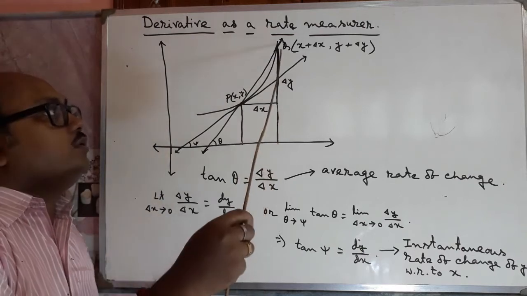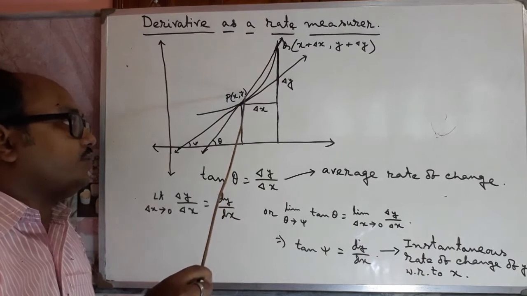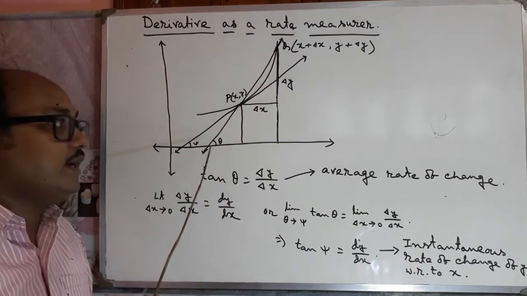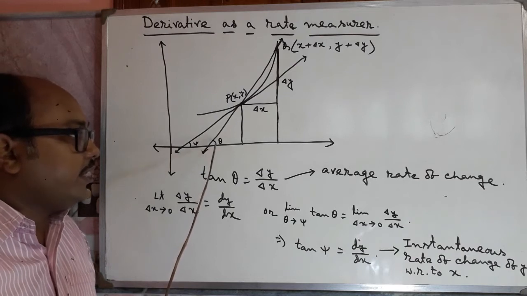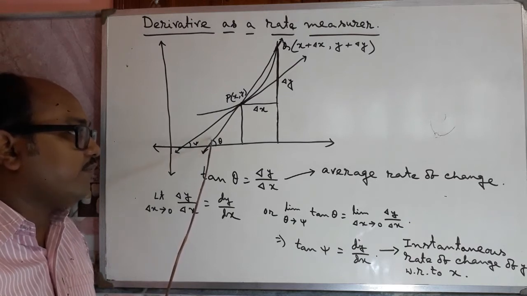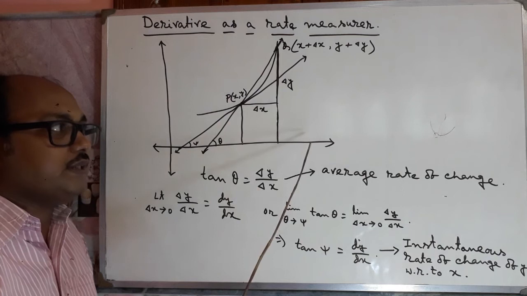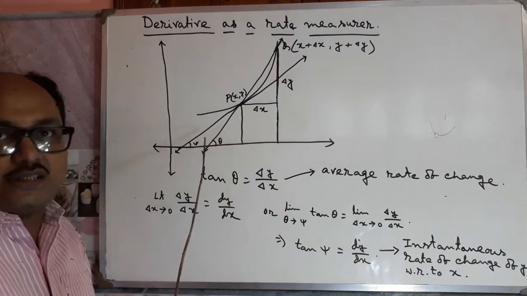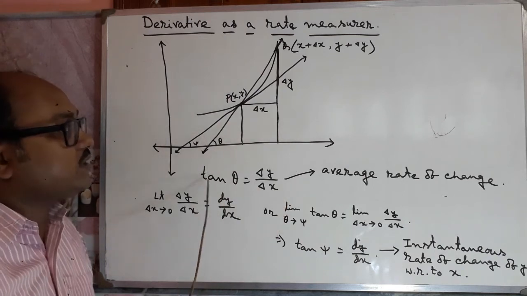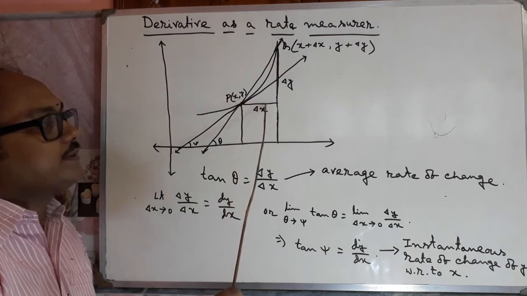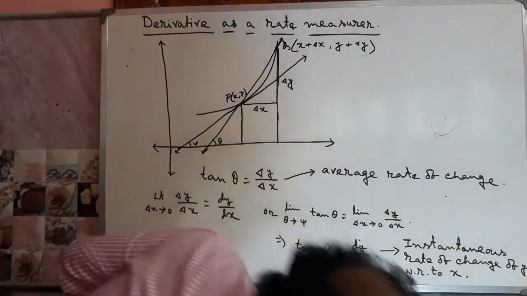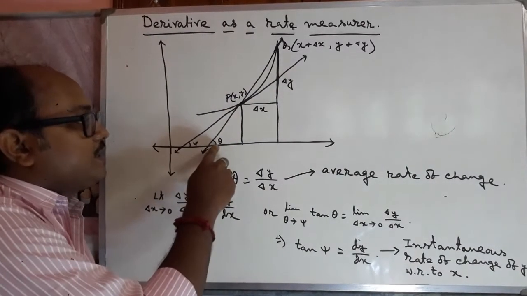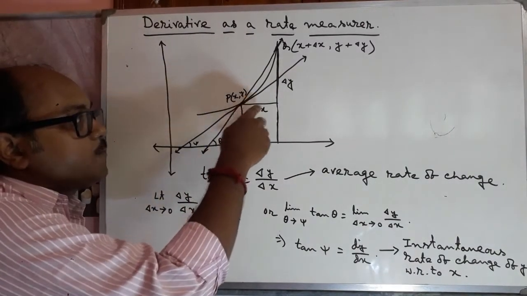If you join these 2 points and extend it, it intersects the x axis at this point and makes an angle theta with the positive direction of x axis in anti-clockwise direction. So we can say that tan theta, if this angle is theta, then this one is also theta.